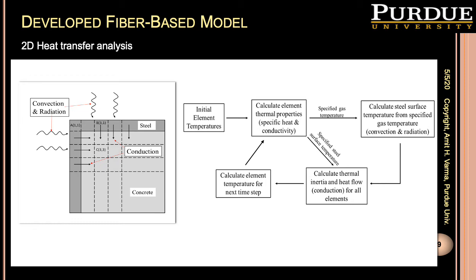Conduction is the transmission of heat between two solid objects which are in contact. Convection is the transmission of heat between a solid object and the moving fluid which are in contact with each other. And finally, radiation is the heat transfer between two objects in the form of electromagnetic waves.